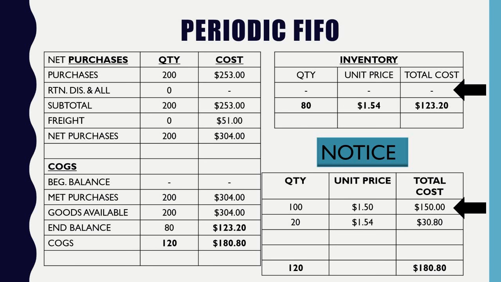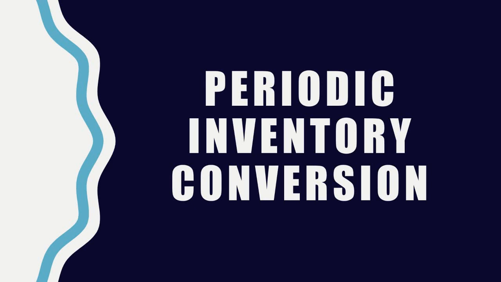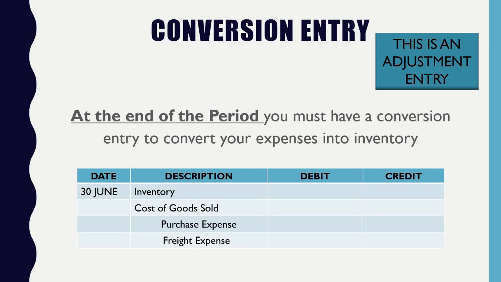Once we reach the end of the period, we're going to be introduced to the conversion entry. What the conversion entry is, we are going to convert our expenses and transform them into assets. So again, at the end of the period, we're going to convert our purchases and turn them into assets.